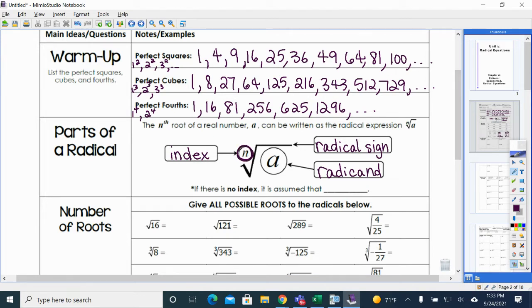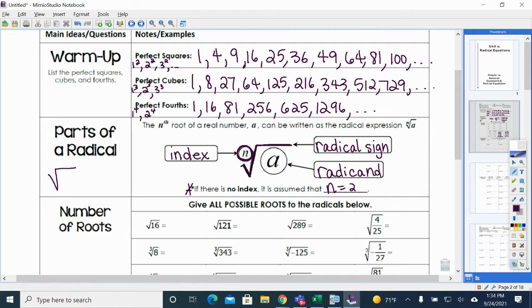So if there is no index, it is assumed that n equals 2, which is why when you see the sign just by itself, you say square root, because square is associated with 2. So the understood index is 2. The symbol is called the radical sign, and the number that's under the radical is called the radicand.